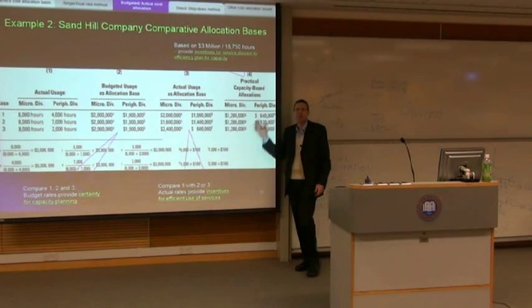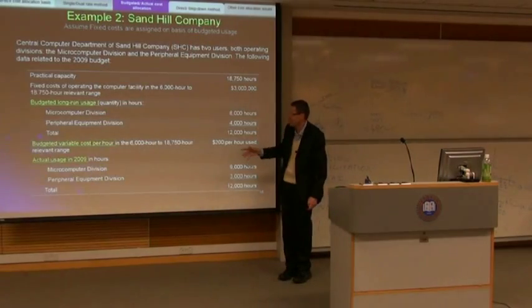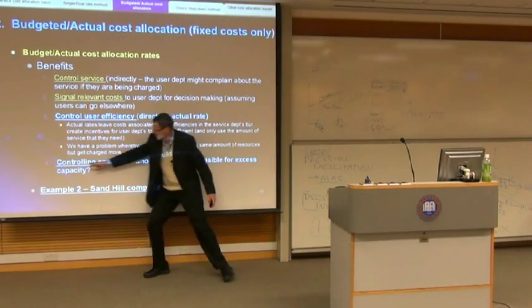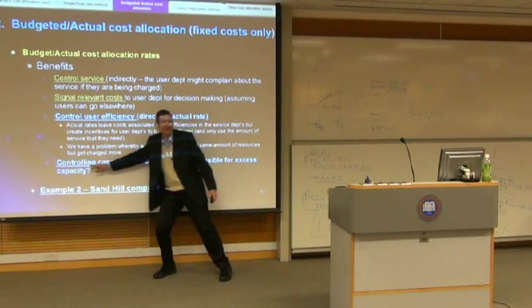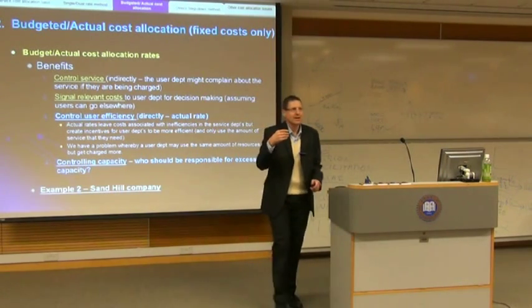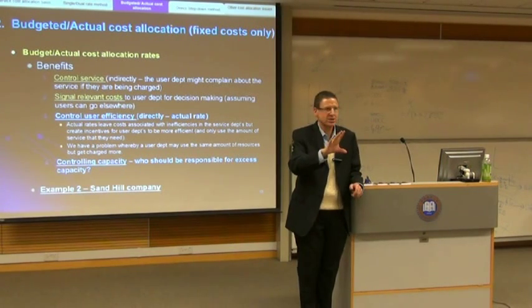This is the number 4 reason for how you may allocate costs. What do I mean by number 4? I mean this reason here. Circle here, controlling capacity. All right? How do you control capacity? You force only the allocation of the proportion of the capacity of the fixed costs.